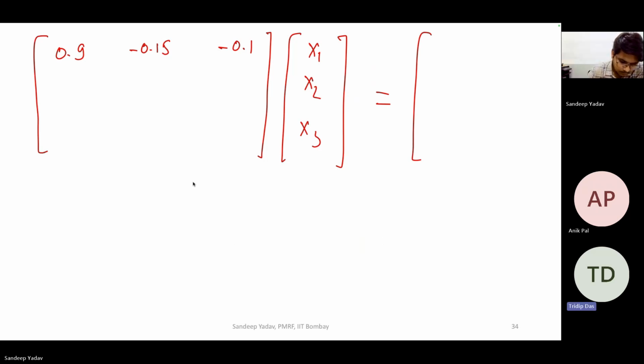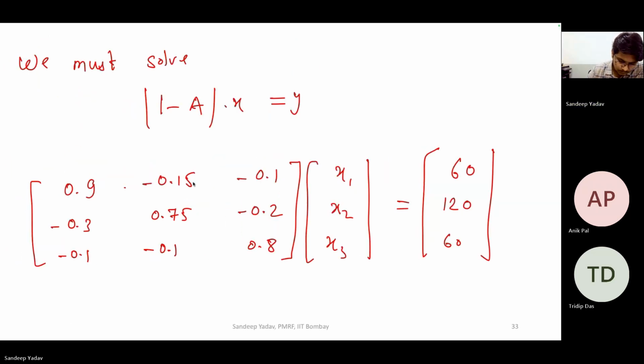So this is a third order matrix, no, sir? Yes. What we are doing here is multiplying row 2 by a factor of 3.